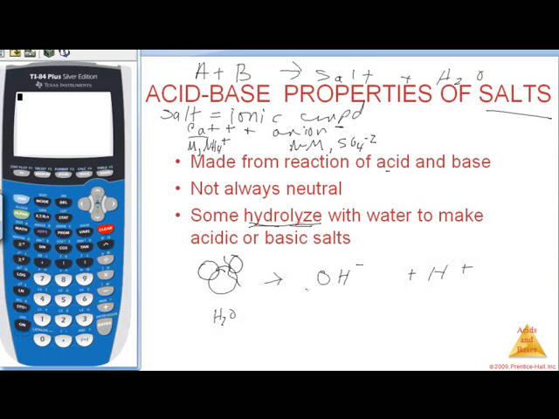And if you have a cation, that cation can end up with the OH or with the H plus. Okay? So it's helpful in this unit to think about water as HOH, and when it splits, it's going to split like that and become this.